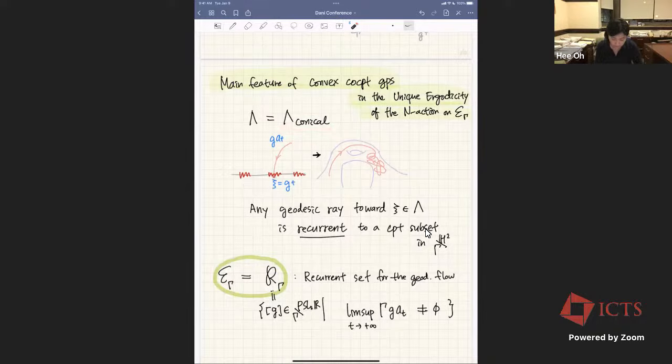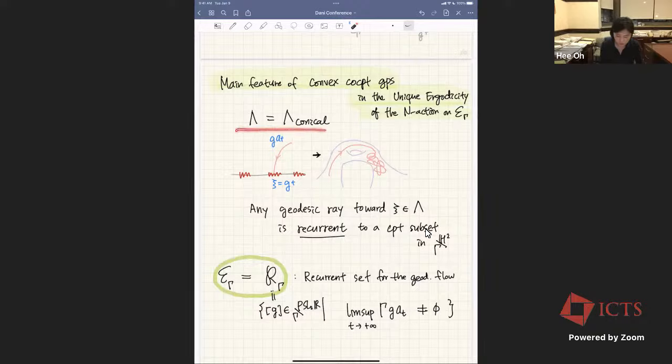If xi is a conical limit point, it means that when you consider the geodesic ray toward xi, this geodesic ray must accumulate on the quotient surface. Okay? So any geodesic ray toward xi is recurrent to a compact subset in the surface. That is exactly what it means for xi to be a conical limit point.